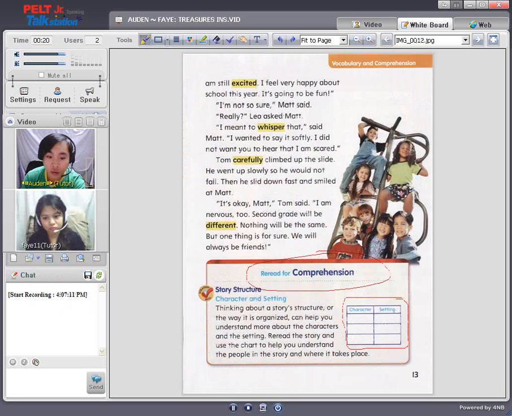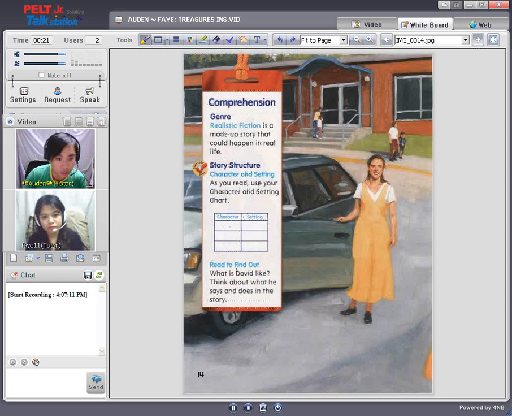Who are the characters from the story and where were they? I usually use this activity to check my students' comprehension of the short story, as well as the main selection. Anything to add, Teacher Faye?